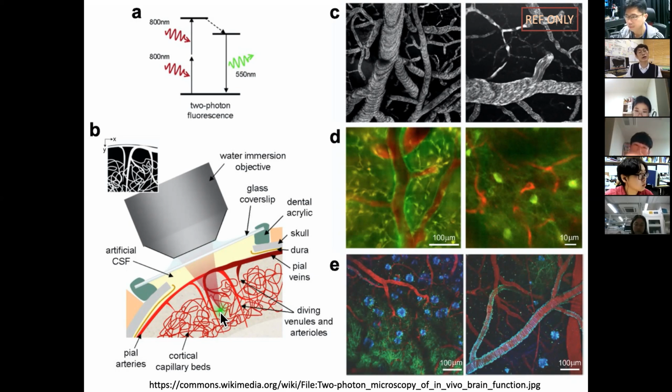And there is another advantage of the two-photon microscope: simultaneous multicolor imaging is possible. So look at this. This is a staining for blood plasma. You cannot see this without injecting some dye into the bloodstream. So in this case, we inject the dye so that you can reveal the shape and the function of the blood vessel. And in this case, this left one, we will also discuss more.